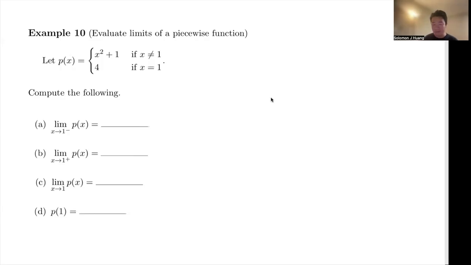Today in this video, I would like to go over example 10 from lesson 1. In this example, we'll be evaluating the limit of the following piecewise function given here. Recall a piecewise function is just another ordinary function that takes an input and receives an output.